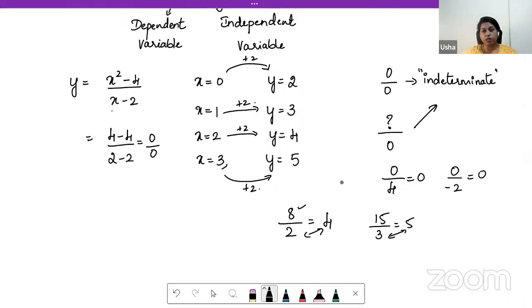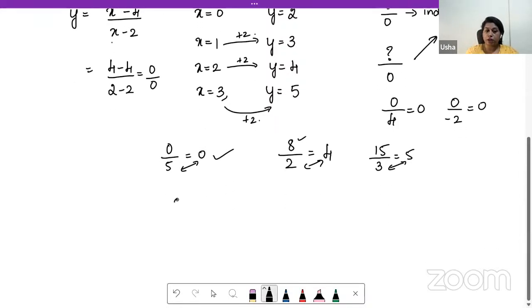So when we do the reverse arithmetic procedure, if you get back the question, that means whatever answer you got is correct. Suppose you have 0 by 5, and you write it as 0. Now 5 into 0, does it give you 0? Yes. So this procedure is correct. But if you write 5 by 0 as 0, and you multiply these two, will you get back 5?